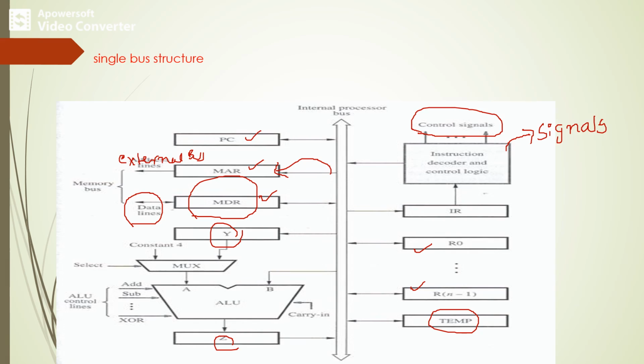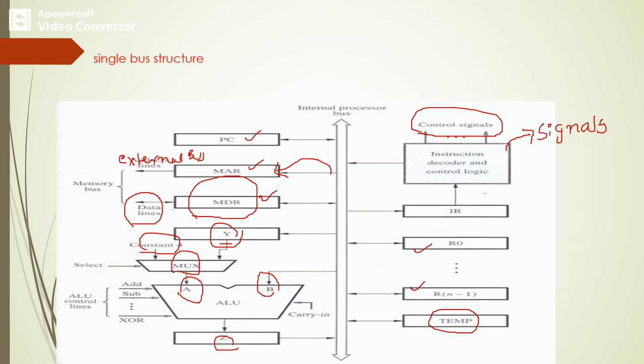We can observe that we have one MUX block, which selects either the value Y or else a constant 4 as input. This is provided as input A to the ALU, and input B is obtained directly from the processor bus.